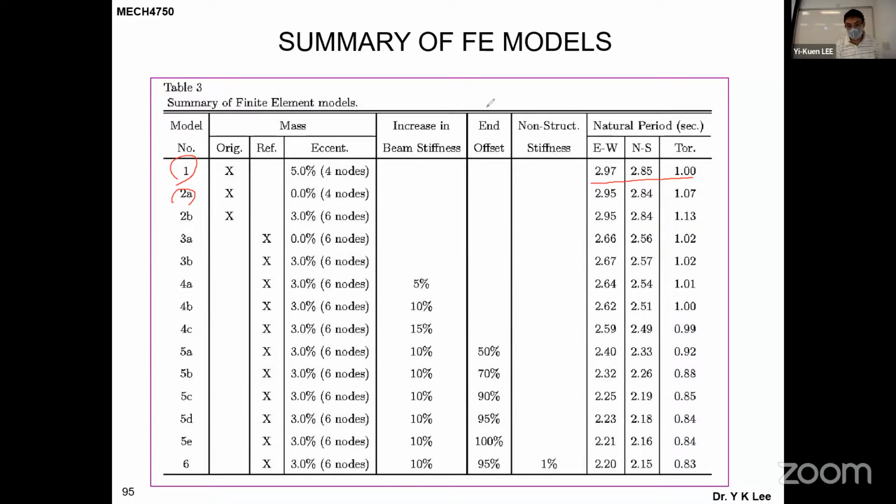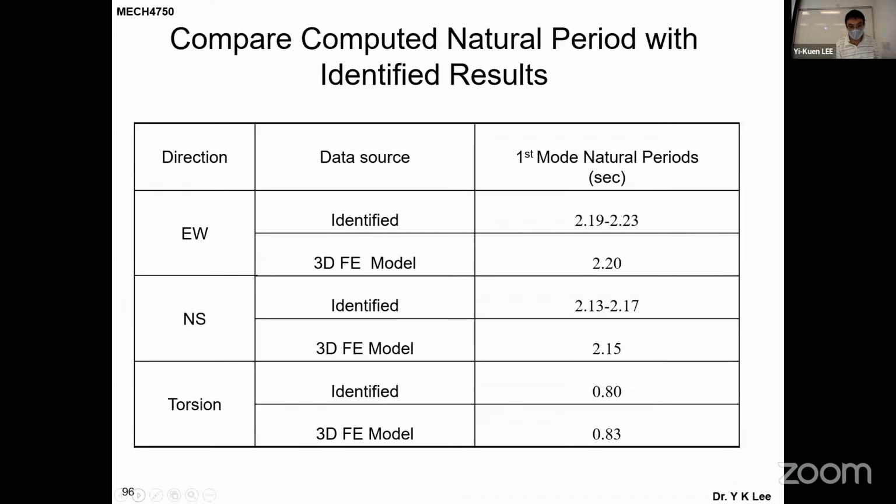So this gives you, I think, quite an important example of real engineering. Now we compare the FEM result and this kind of vibration testing result. This is from the FEM model, and this is from the experimental result.